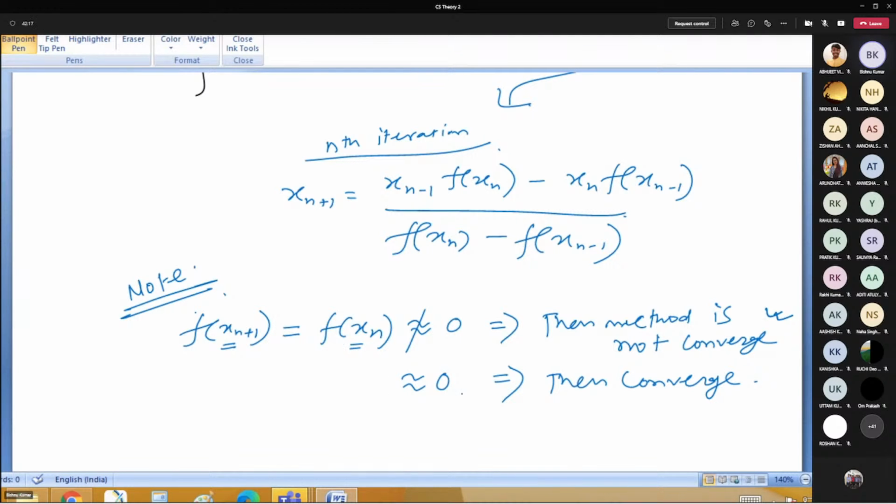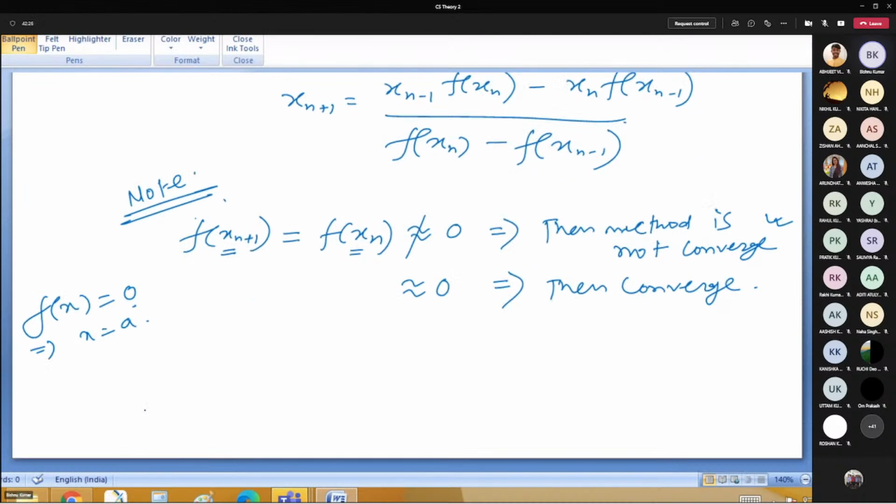If it is giving a looks-like-0 solution, obviously, suppose f of x equals 0 and you get a solution x equals a, then f of a equals 0. That is the mathematical logic. So whatever solution you get, if it is a better approximation, it gives almost 0. If it is not giving 0, this method is not converged.